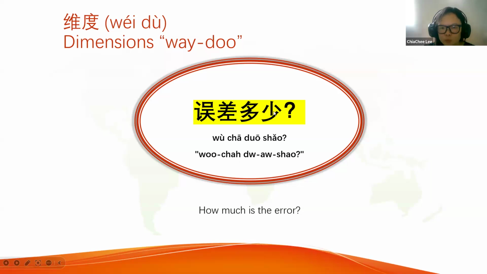It's important for us to find out how much the error is and whether the 误差 is within the tolerance level. If not, maybe we have to escalate to our engineers and section leaders to have it sorted out. So 误差多少 is very important when we are saying 太深了, 太厚了, 太浅了, or 太薄了.